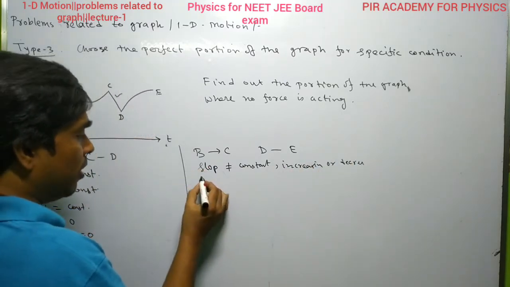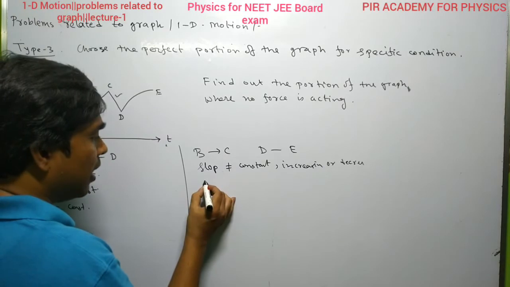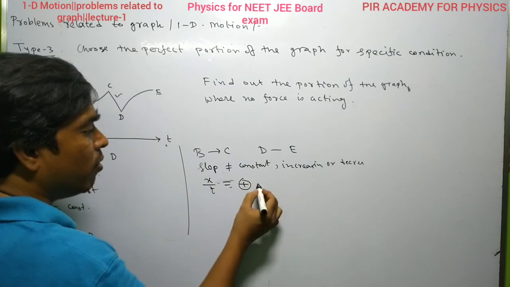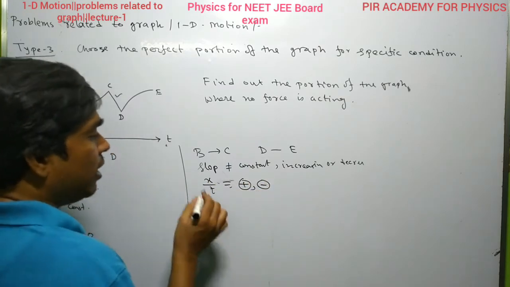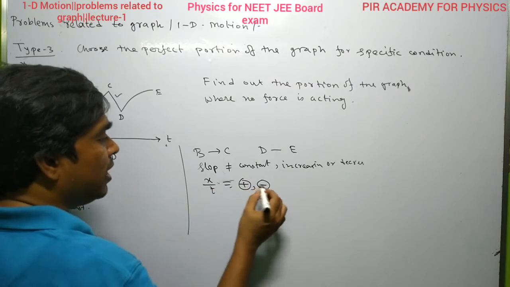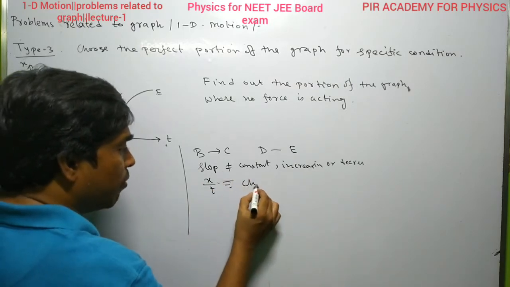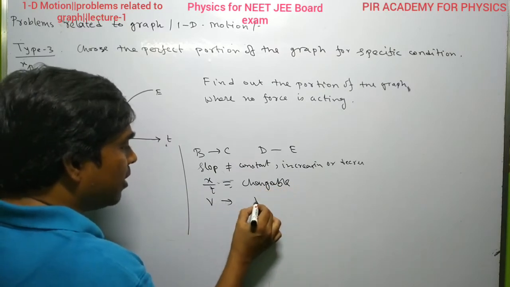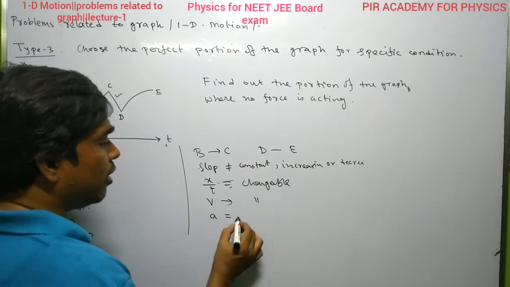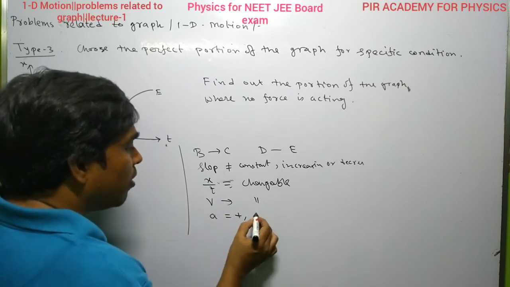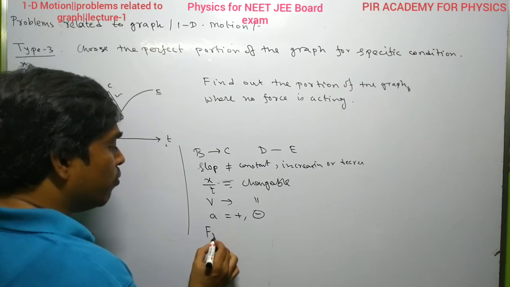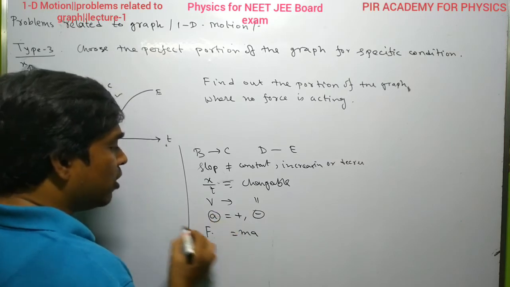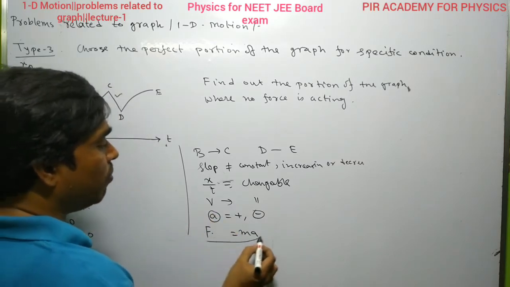So if the slope is increasing or decreasing, that means x by t has a positive or negative value, so the velocity will be changeable. And if v is changeable, then there is an acceleration, which has a value of plus or minus. So it has a force because F equals ma. If there is an acceleration, then under this condition there will be a force.